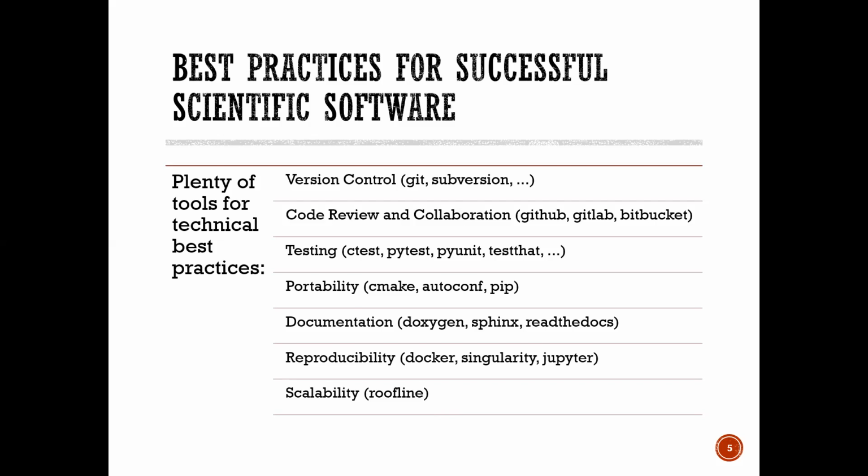We can make the software portable. We can include documentation in the source code and generate automatic online documentation from it. We are making progress in the reproducibility of scientific software, in particular using containers. And we are working on increasing the scalability of software and measuring this scalability.